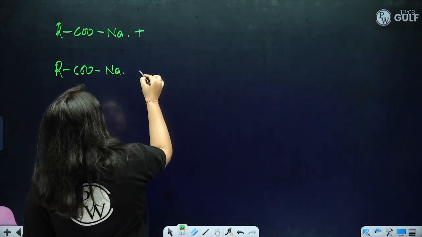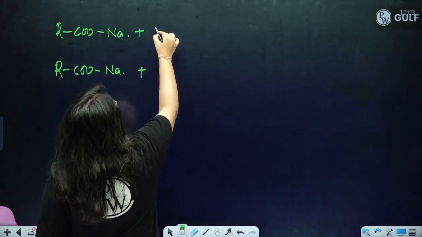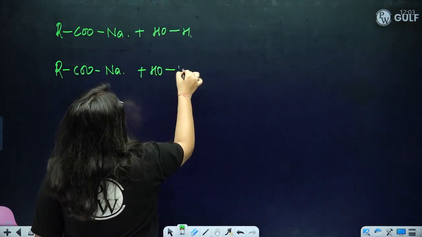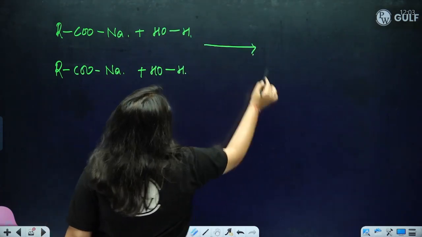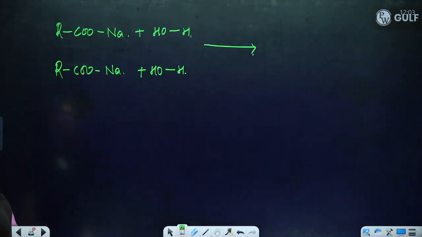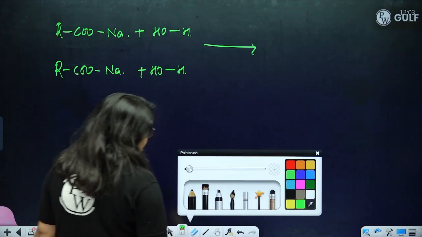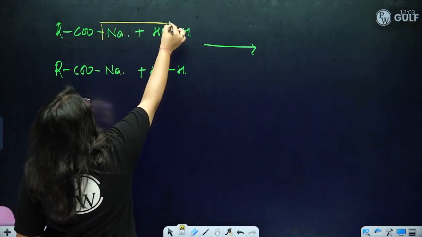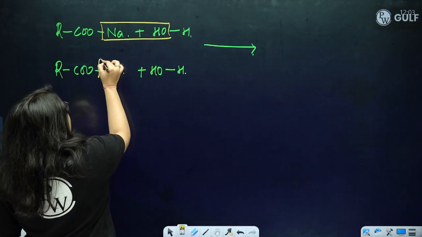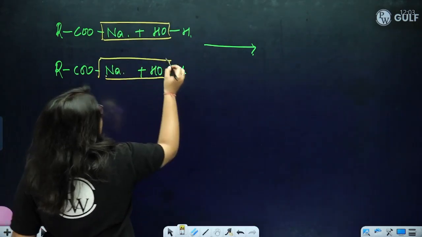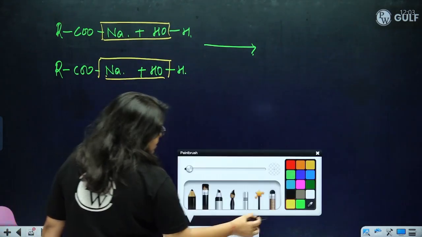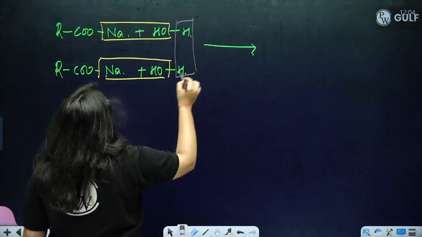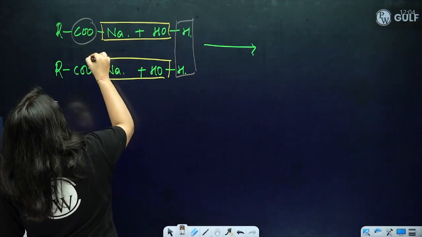in the presence of water. Two molecules of everything. Now, what basically happens over here is, please have a look. Upon electrolysis, this is how bond breaking is taking place.